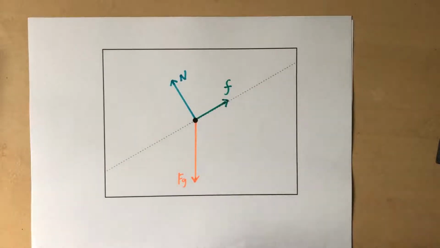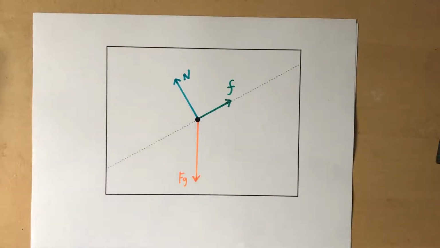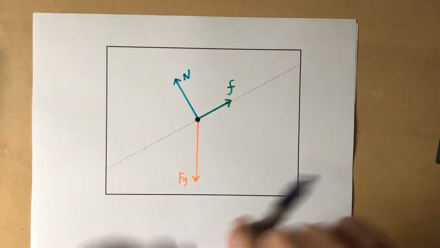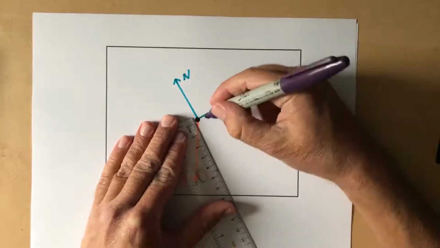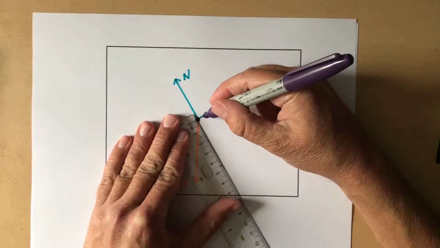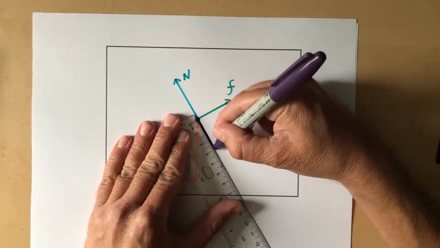They explicitly say do not put any components on here. But I'm going to go ahead and do it, just so we can talk about the other forces involved. You would not actually want to do this on your sheet, but we're going to need it later. There is a part of the force of gravity that is perpendicular to the surface.